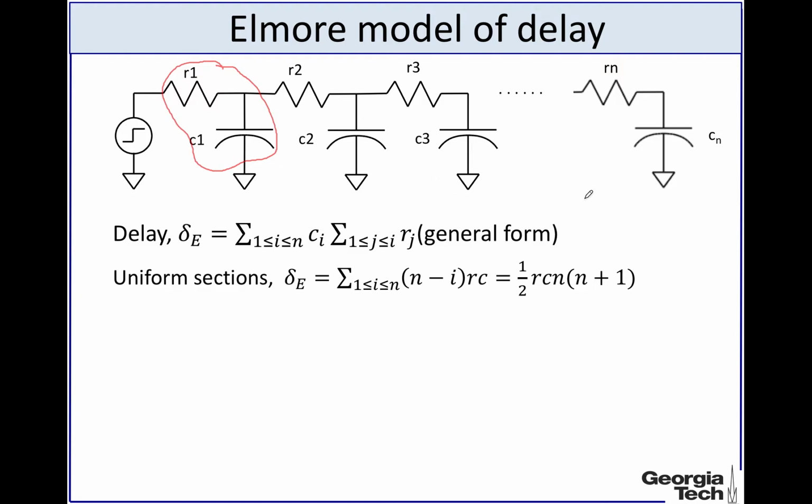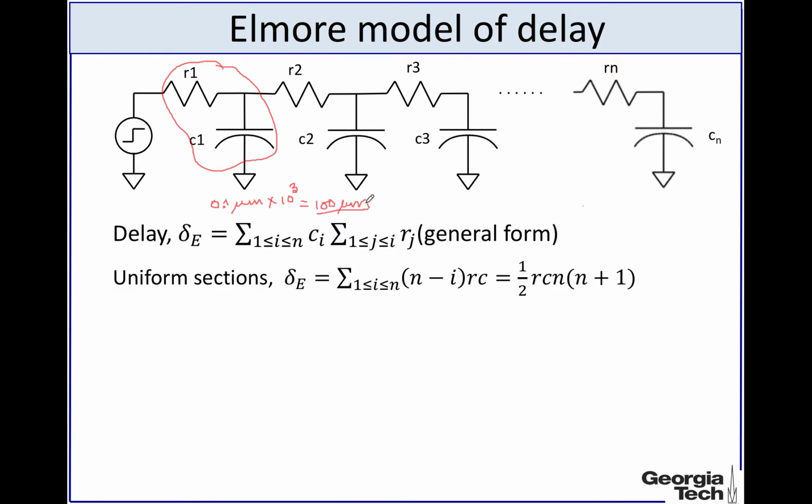So each of these segments is 0.1 micron, and say there are 1,000 of these segments. So essentially the total length of the interconnect is 100 micron.